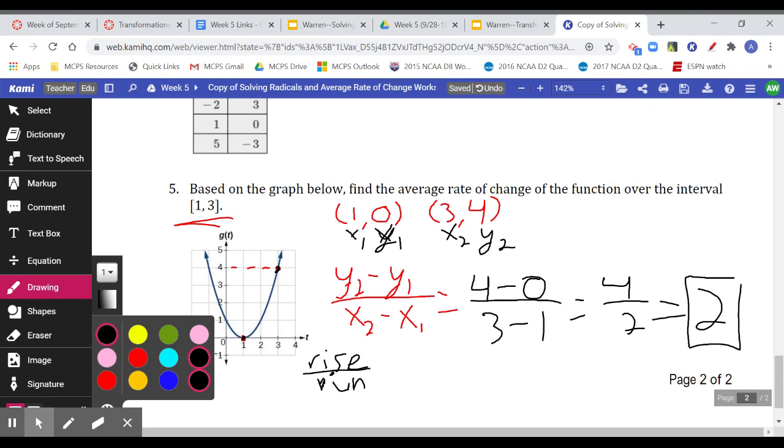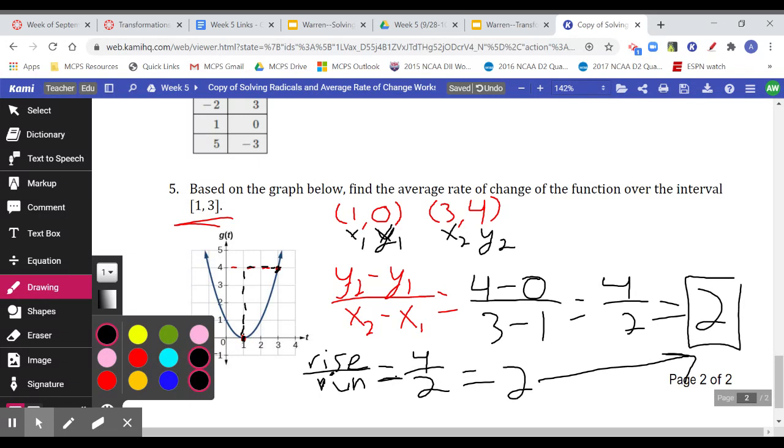But in this case, to get from point 1 to point 2, I have to rise up 4 and then go over to the right 2, which gives me 4 divided by 2, which comes out to 2, which you'll see matches the answer I just got, which goes to show that both of these methods are valid if you are given a graph. So you can either use the formula or you can count rise over run on the graph.